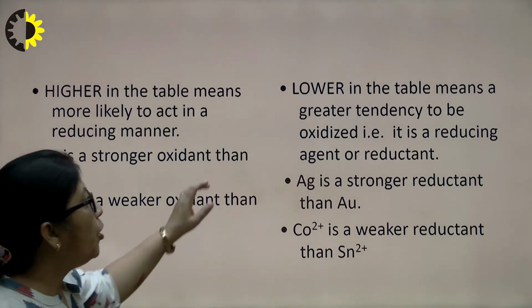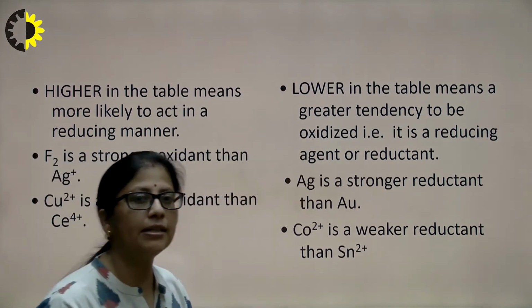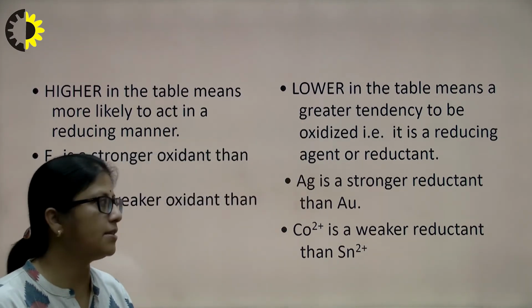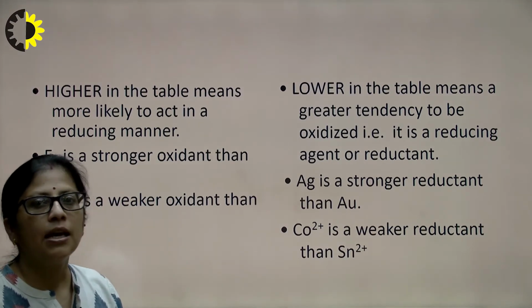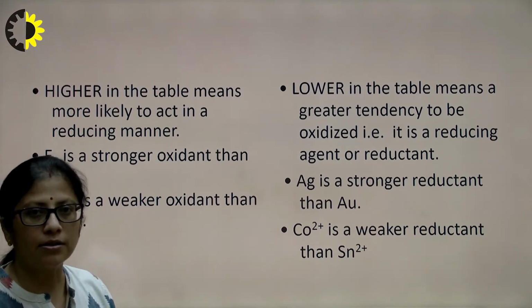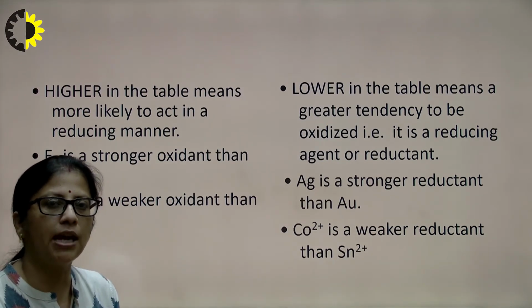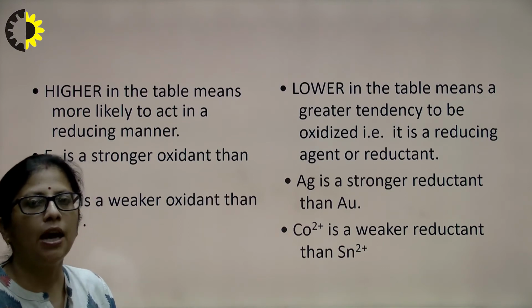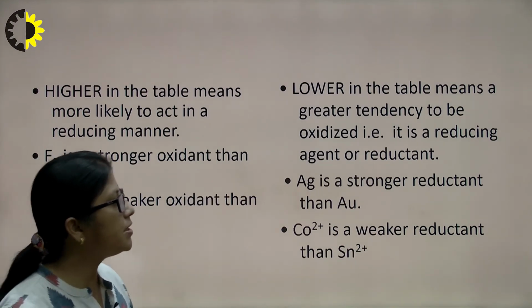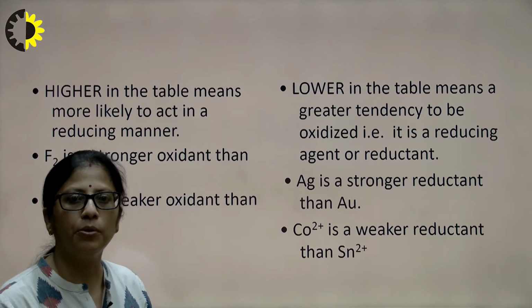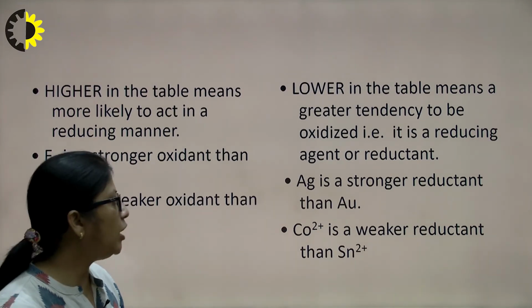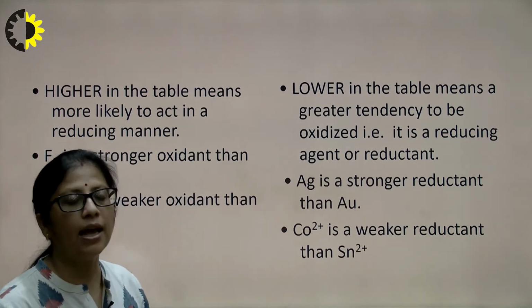Now, lower in the table means a greater tendency to be oxidized, that is, it is a reducing agent or reductant. It itself gets oxidized while reducing the other one. Silver is a stronger reductant than gold. Similarly, cobalt is a weaker reductant than tin.